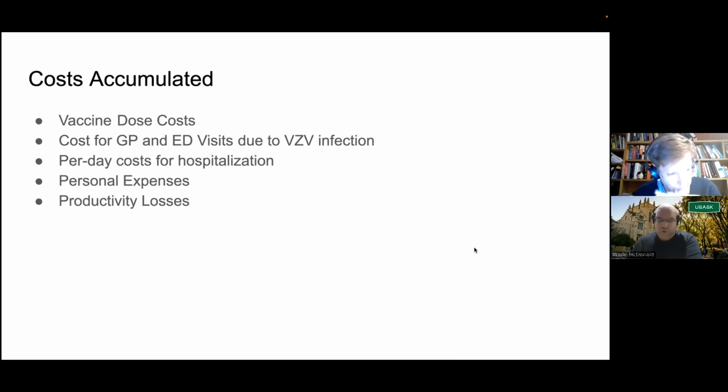This model was further used to analyze some health economic questions, including costs about vaccine doses, costs for general practitioner and emergency department visits due to varicella-zoster virus, per day costs for people who were hospitalized, personal expenses, and productivity loss costs.